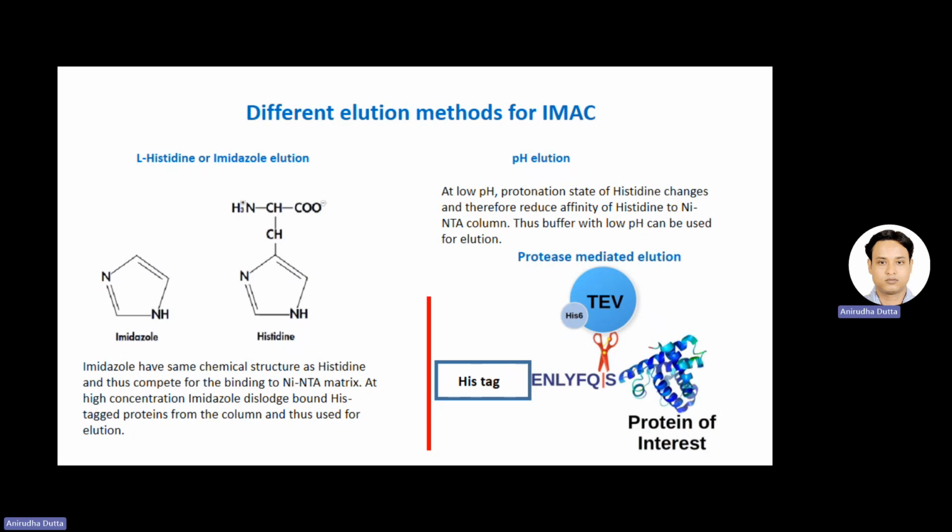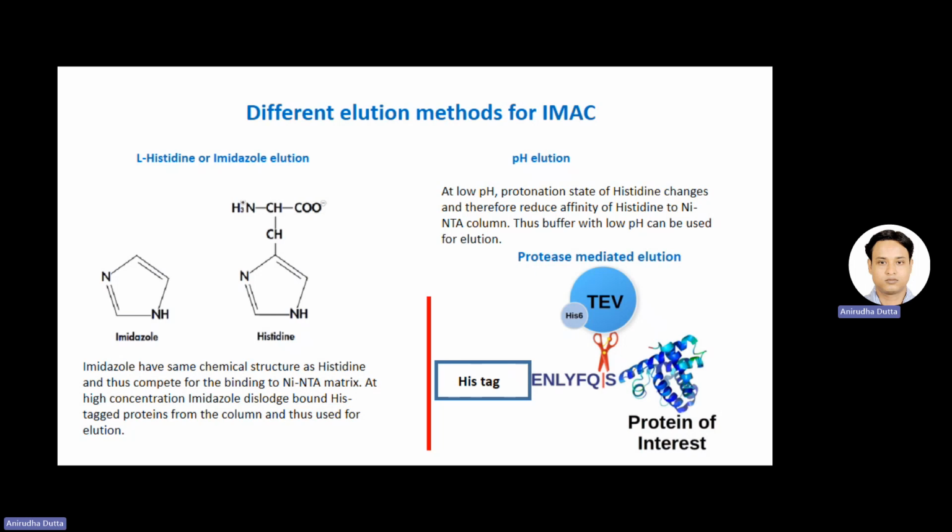How can the protonation state get changed? If we change the pH of the medium. If the pH of the medium is acidic, those nitrogens might get protonated, and they would no longer be able to form a coordinate covalent bond with the nickel. So it will weaken the interaction between the His-tag and the nickel matrix, and that's how it might get eluted.